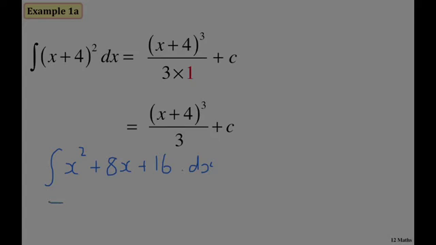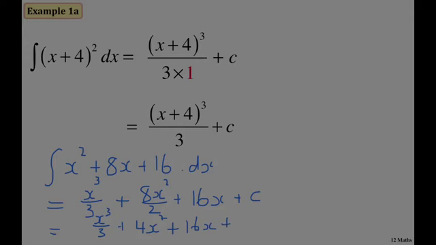And when I integrate that, I integrate each term separately. So the integral of x squared is add 1 to the power, divide by the new power, so it's x cubed over 3, plus 8x, add 1 to the power, divide by the new power, 4x squared, plus 16x plus c, which equals x cubed over 3 plus 4x squared plus 16x plus c.